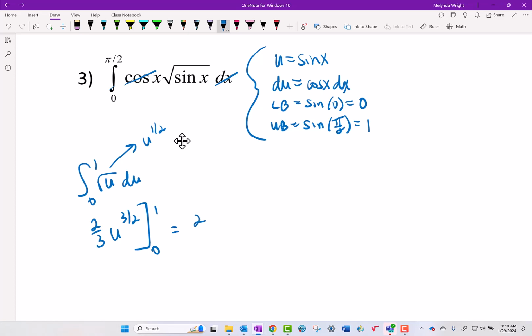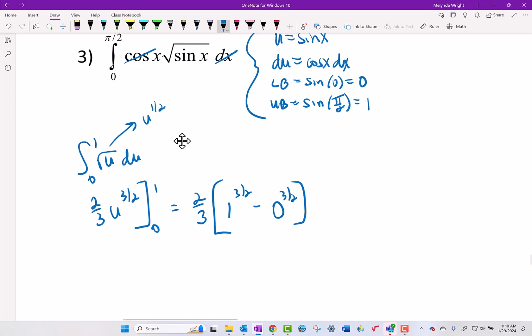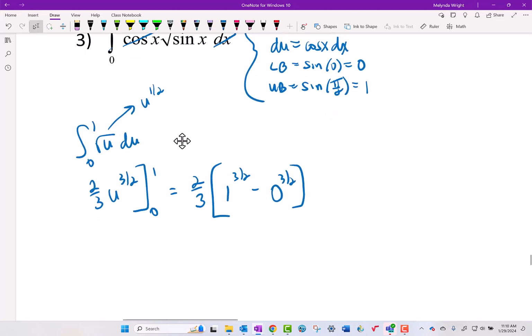So I'll keep the 2/3 out like I did before, or whatever the fraction is, doesn't matter. So I have 1 to the 3/2 minus 0 to the 3/2. And 1 is delightful, isn't it? 1 to the 3/2 or 2/3 doesn't matter. It's still just 1. What do you think 0 to the 3/2 is? It is 0. So we basically have 2/3 times 1, or simply 2/3.